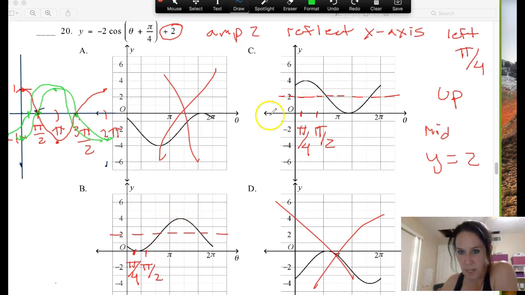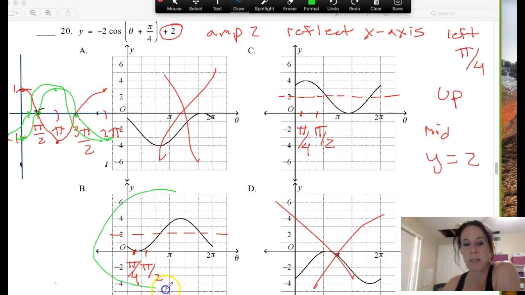So which one of these looks like that? It's still stretched because it's shifted up too, but this graph comes down first and then goes up instead of starting up first and going down. It will be shifted and moved over, but it still starts down and then goes up.